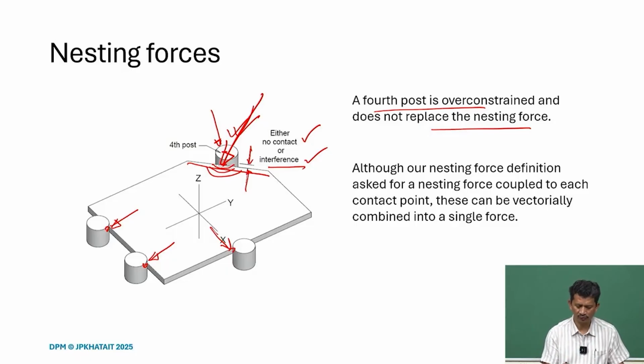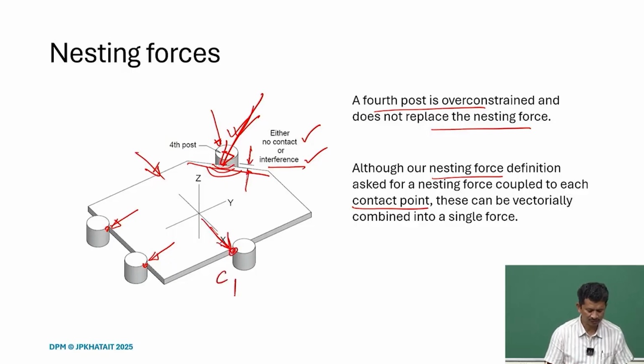Another thing to note down is the way we define the nesting force. What we are saying is along the contact point, so it's always coupled with the contact. So we can always say this is the nesting force at this contact, along C2 this is the nesting force, and C3.